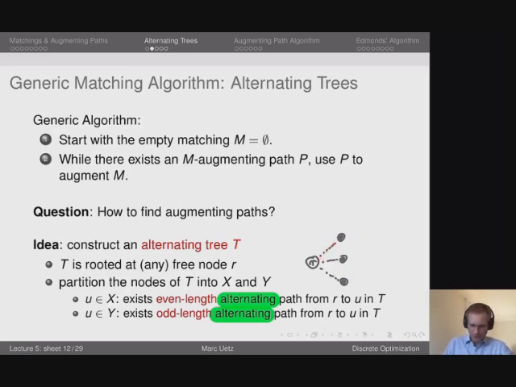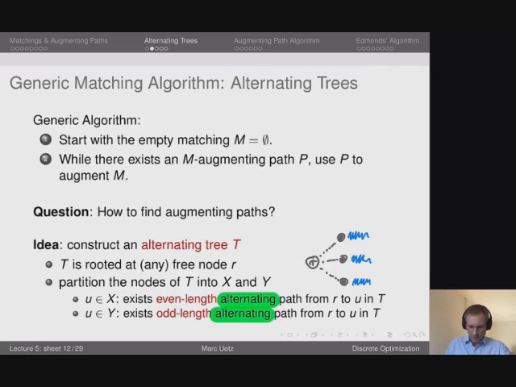So what we actually know, or assume, is that all these three nodes are matched somehow. And this way we can extend this alternating tree in a unique way. And then we continue with this procedure.